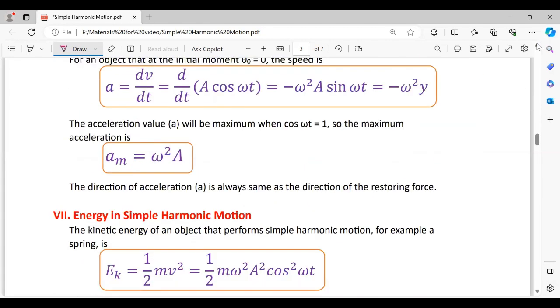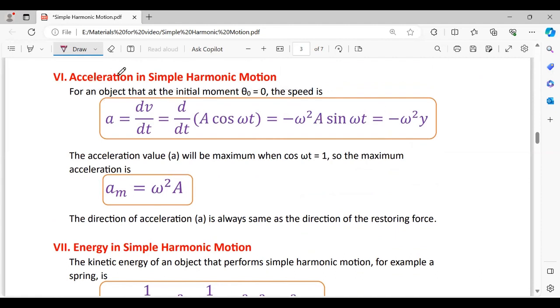And number 6, acceleration in a simple harmonic motion.